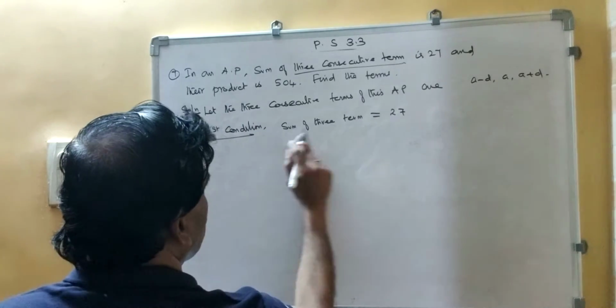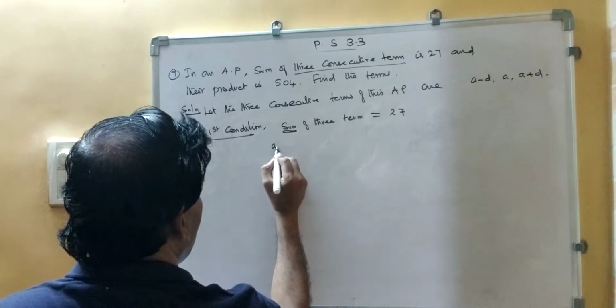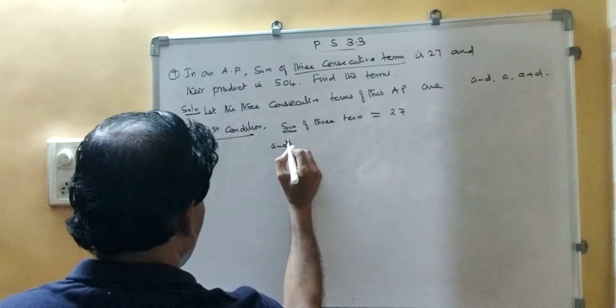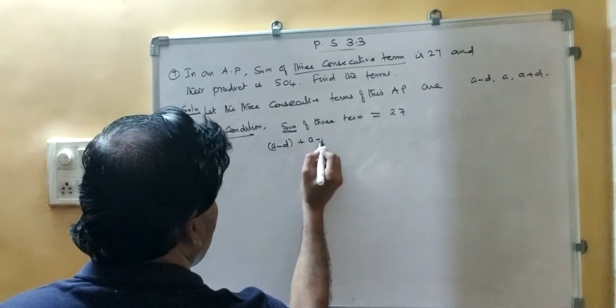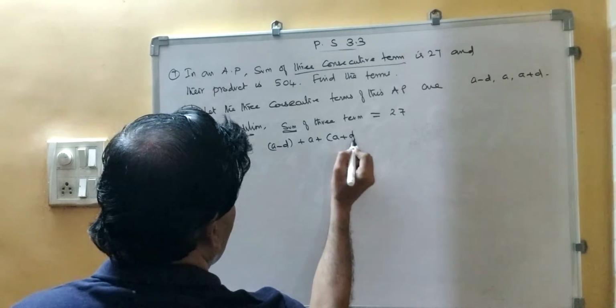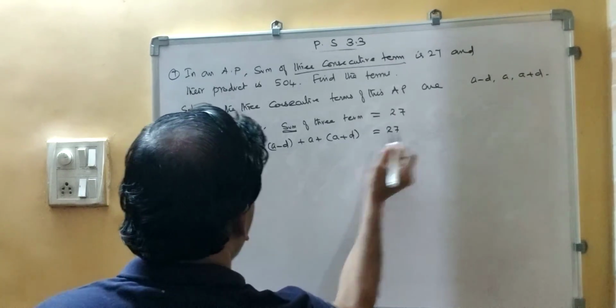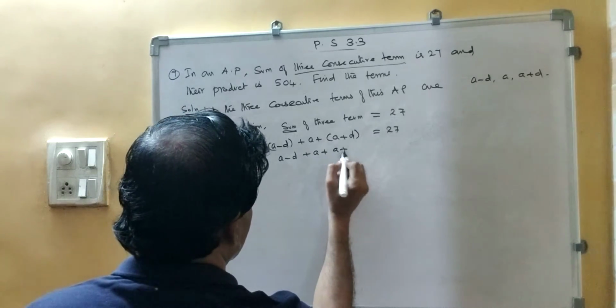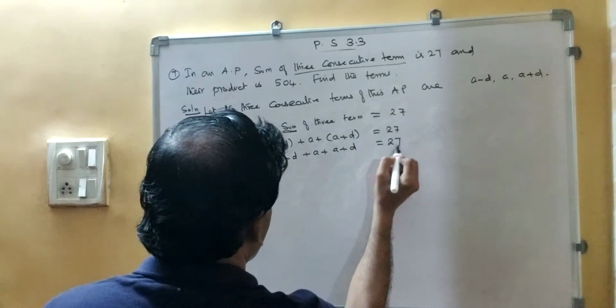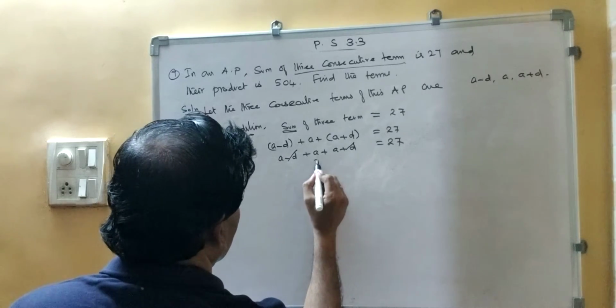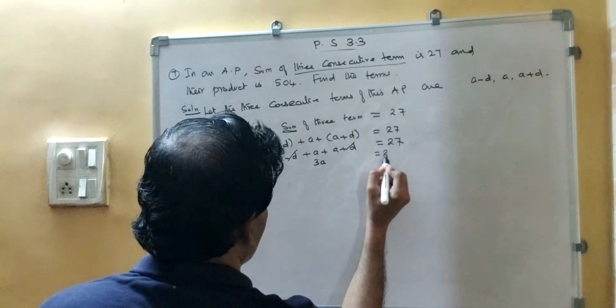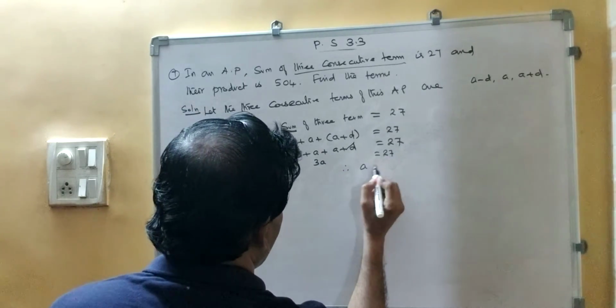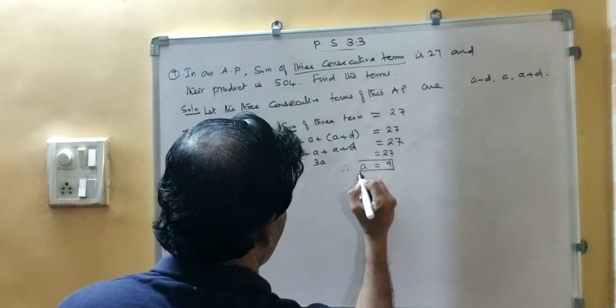That means, what does sum mean? Addition. A minus D plus A plus A plus D equal to 27. So remove the bracket. A minus D plus A plus A plus D equal to 27. So you are getting 3A equal to 27. Therefore A equal to 9.